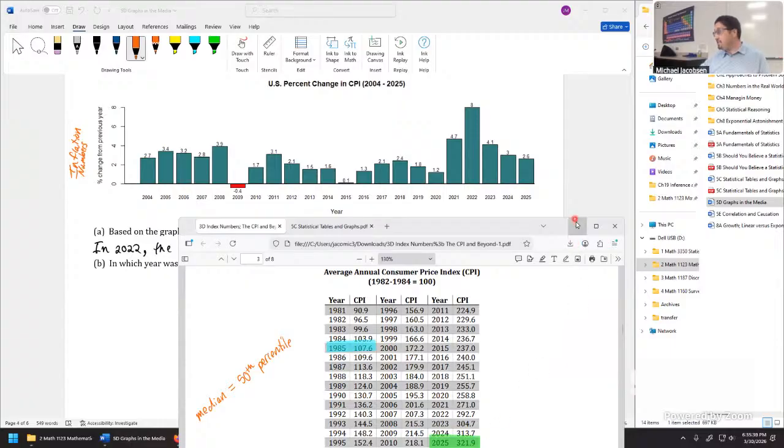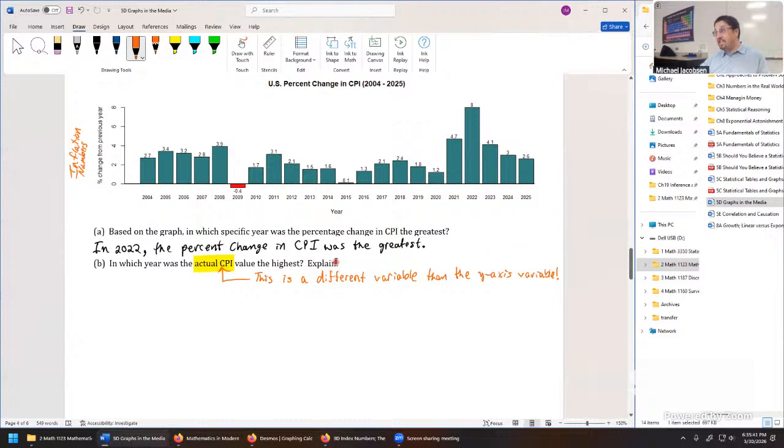Okay, let's put this down and then really focus on the explanation because once again, part A is the nice question because it lines up with the axis. But because it's a percent change question, part B is a very, very tricky question just out of nowhere. So we can say here altogether, the year with the highest CPI, oh, that's going to be because of all the positive values that we see here.